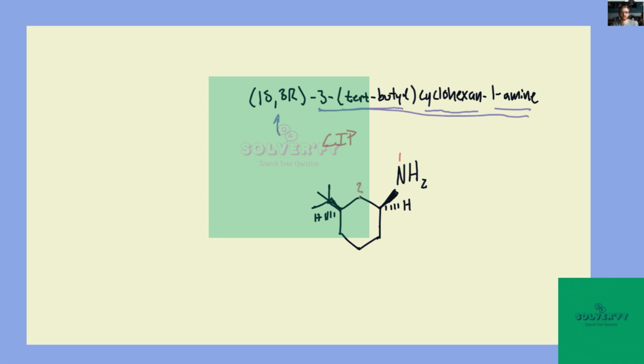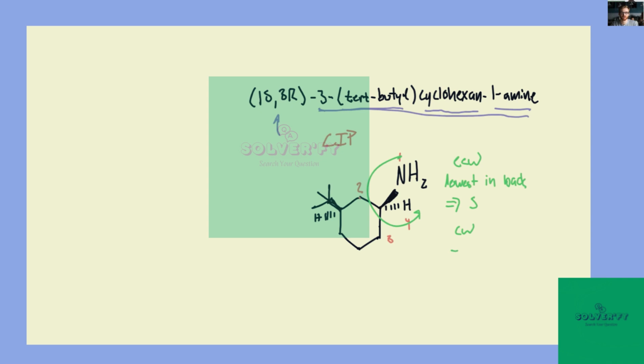This is priority 2, this is 3, and the hydrogen in the back is 4. At this point, we can go from 1 to 2 to 3 and see that we are counterclockwise, and our lowest priority substituent is in the back of our molecule. So counterclockwise, lowest in back, that corresponds to S.